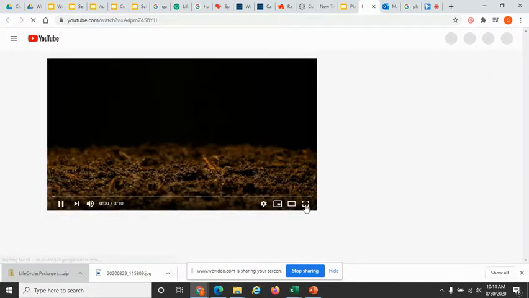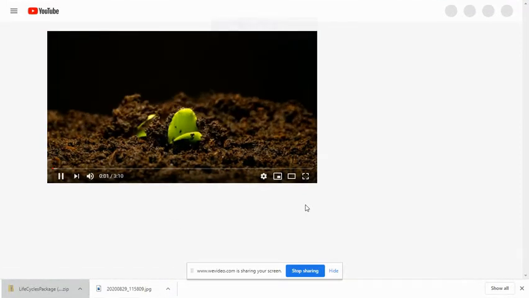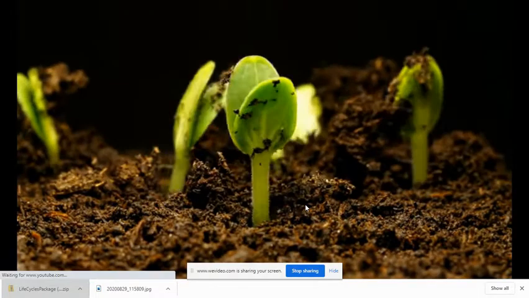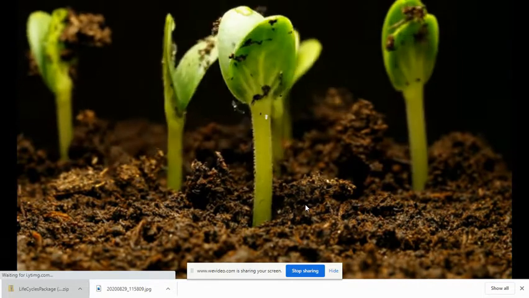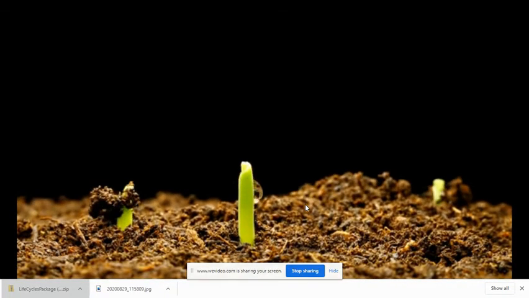So in this video, we're going to see time lapse. That means speeded up photography of plants growing, changing, and appearing to dance. So here's germination. They're popping up out of the soil.